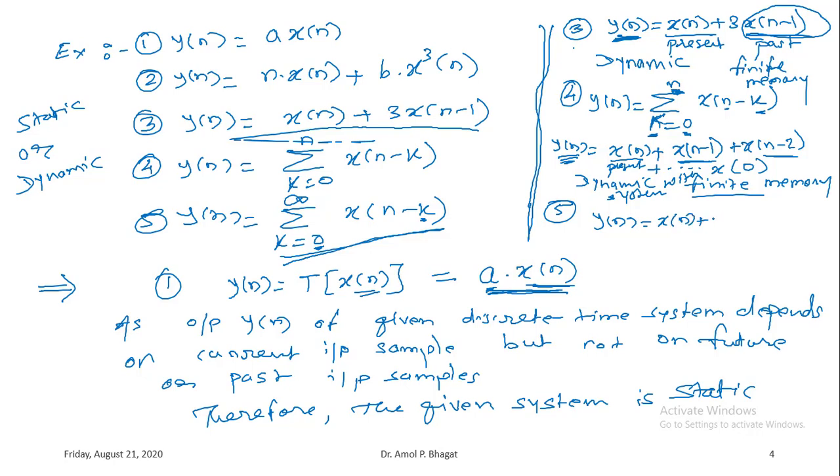If I substitute k equals 1, it will be x of n minus 1, then x of n minus 2, plus and so on. Somewhere between 0 and infinity the value small n will occur, so that will be x of 0.